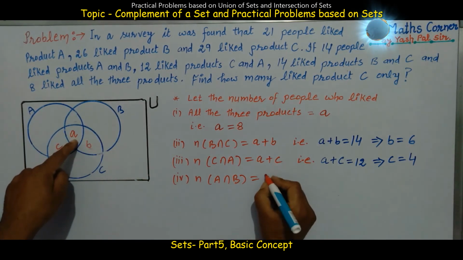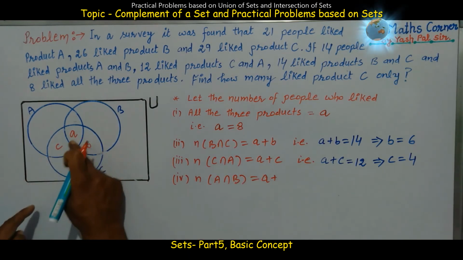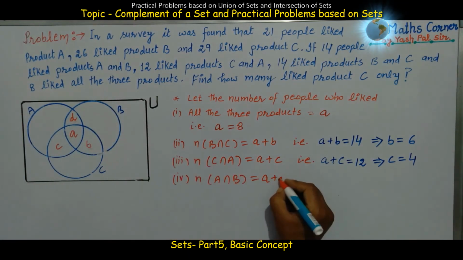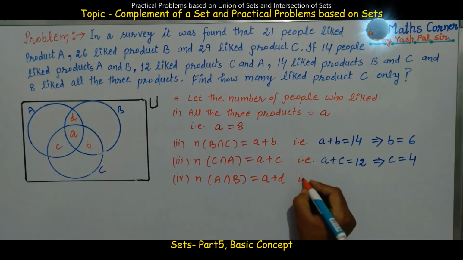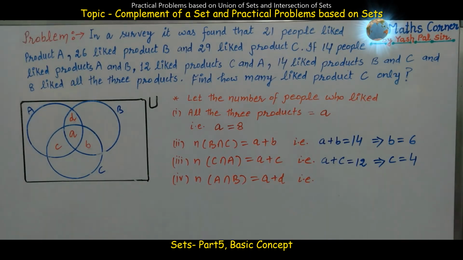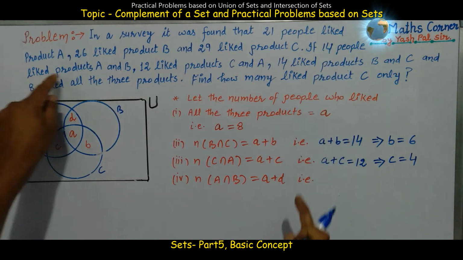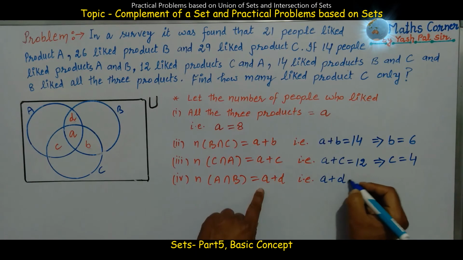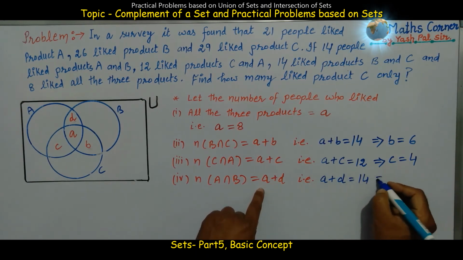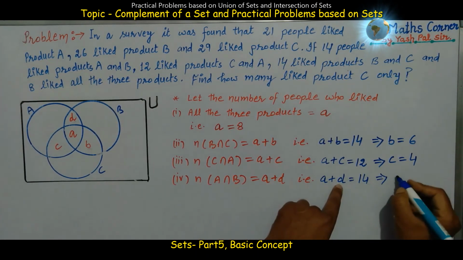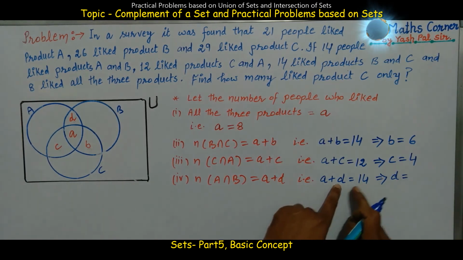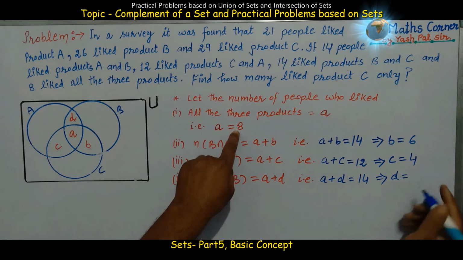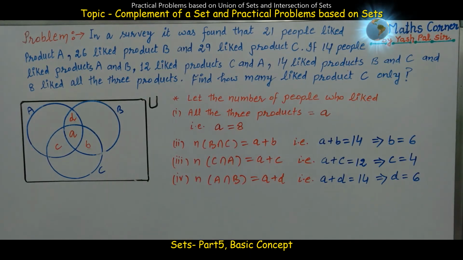A is already mentioned, plus this part, which we can take as D. So A plus D is equal to 14. This implies that D is equal to 14 minus A, and A is 8, so 14 minus 8 is equal to 6.